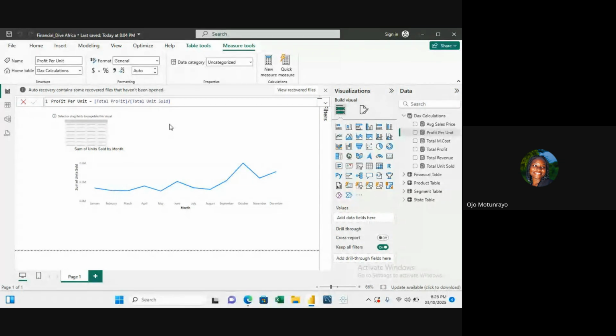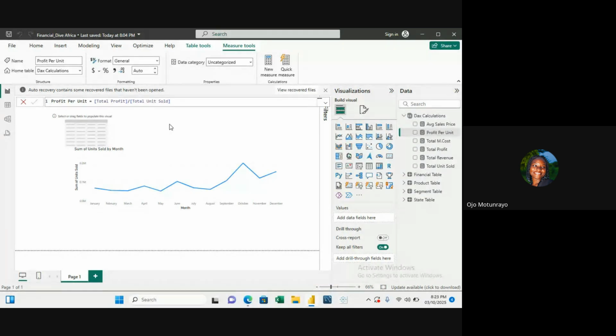So what other measures should we look at again? I was thinking of looking at previous year's sales. But gross profit, how about we look at it like this?